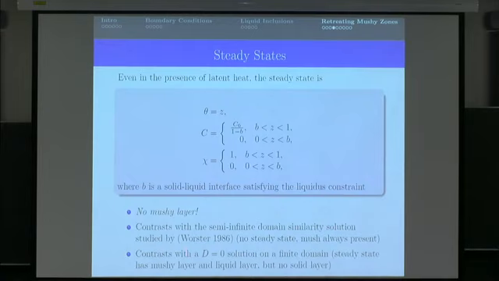The characteristics can move slower than the interface, in which case you only initiate them, or they can move eventually faster than the interface, in which case they crash into the interface. Along this type of boundary, or portion of the interface, you don't need to do anything to the liquid fraction. You only need initial conditions back here. And in either case, the location of the free boundary, as I said before, can be determined by the Stefan condition.